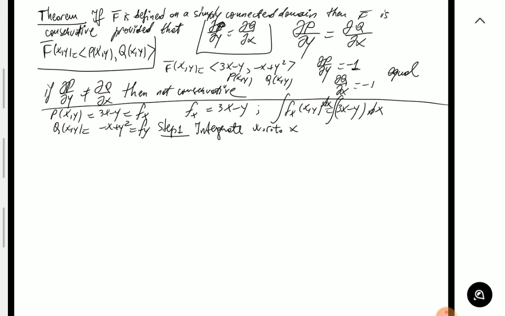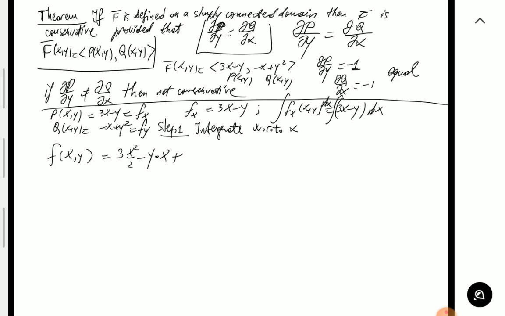That gives me the original on the left side, right? The antiderivative of partial x of f with respect to x is nothing but f of x,y. But pay attention on the right hand side. We have a partial antiderivative with respect to x, which gives 3x squared over 2 minus y times x, plus a constant of integration.